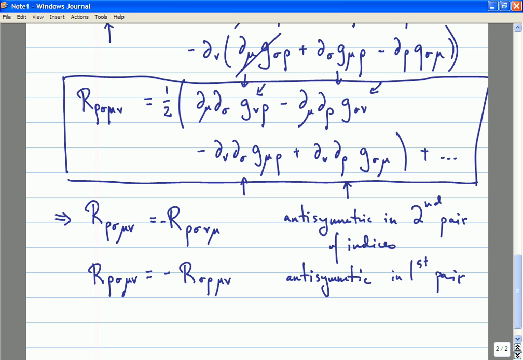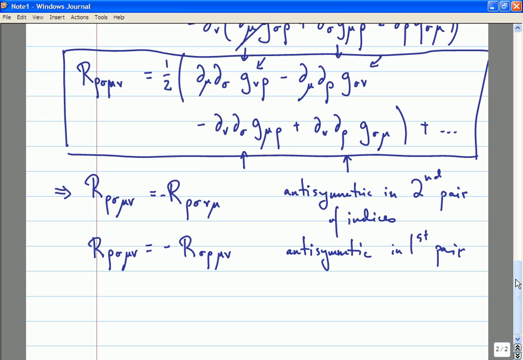So you can now guess what the next symmetry is going to be. There should be another symmetry where the first term is interchanged with the fourth term and the second term with the third term. And if you stare at it for a second, you'll see that that will happen if you interchange the first pair of indices with the second pair of indices.